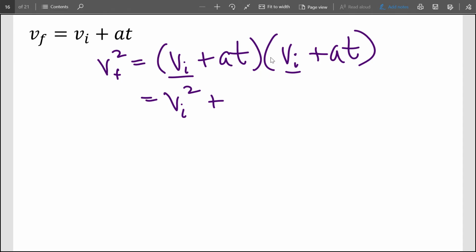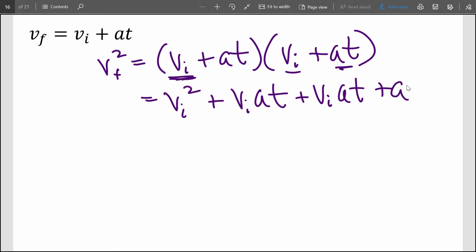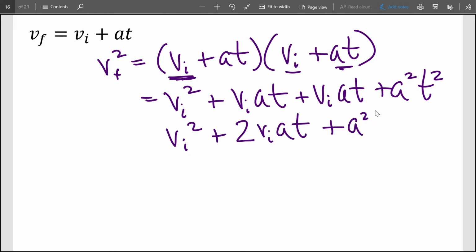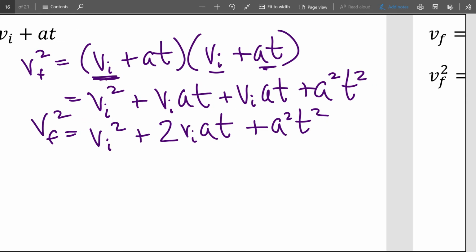Outer terms are this guy and this guy, so we get VIAT. And then the inner terms are also VIAT. And then the last term is A squared T squared. There it is. When we simplify that, we get VI squared plus 2VIAT plus A squared T squared. And that's VF squared.